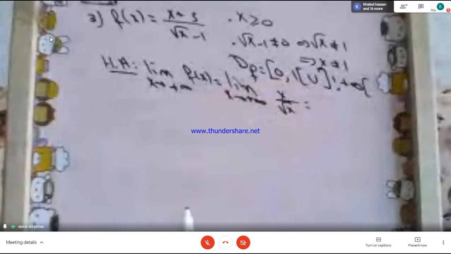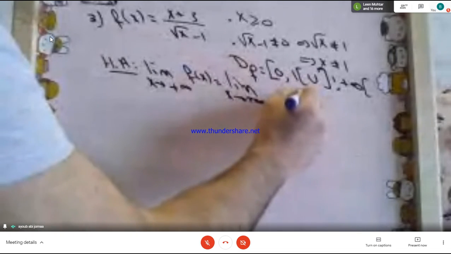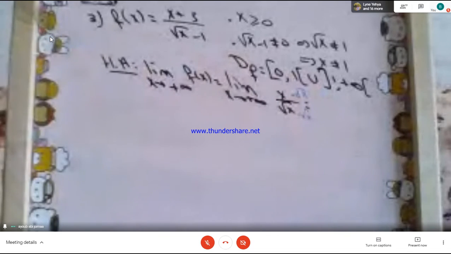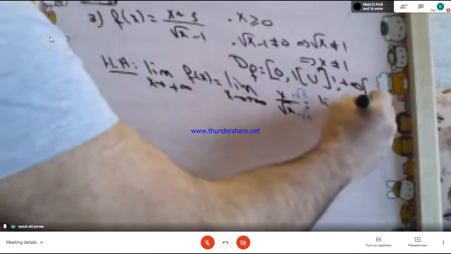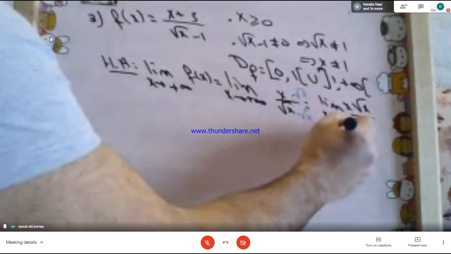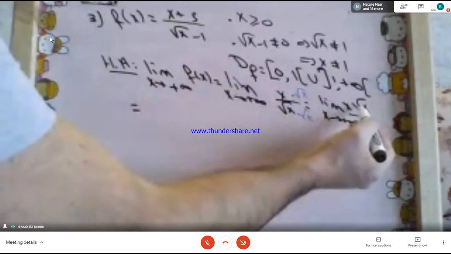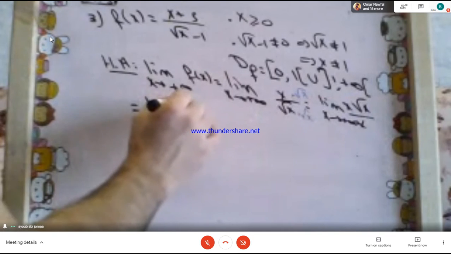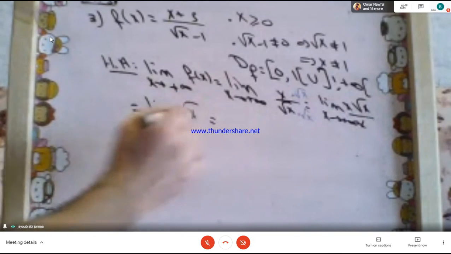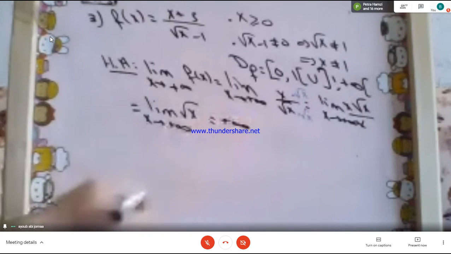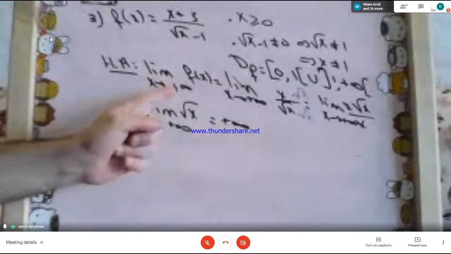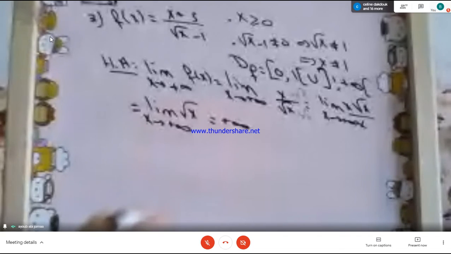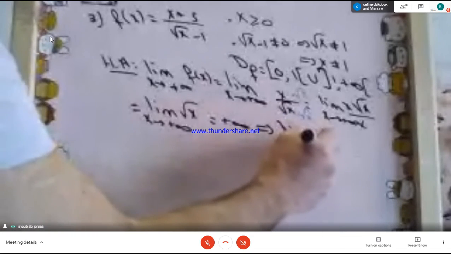If you rationalize the denominator, multiply by radical x over radical x. Which is equal to the limit of x radical x over x as x approaches positive infinity. Simplify x with x. It is the limit of radical x as x approaches positive infinity, which is equal to infinity. So the limit at infinity is not a number. So no horizontal asymptote.